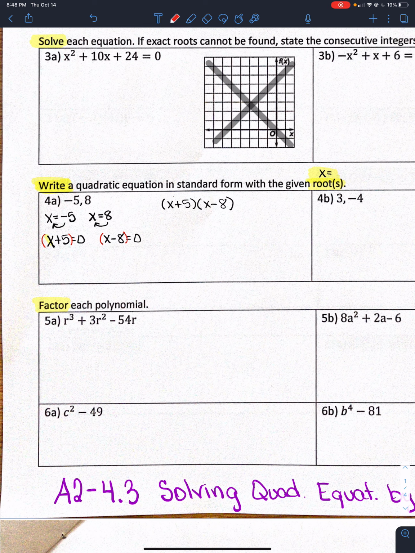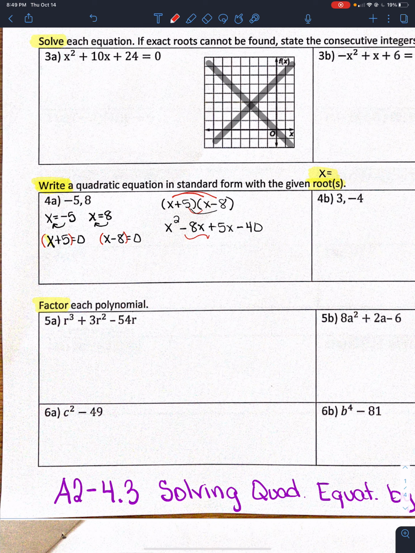Okay, so we are going to have x times x gives me x squared. X times -8 is -8x. 5 times x is 5x. And 5 times -8 is -40. All right, once we FOIL it, we have to see if there's anything we can combine.